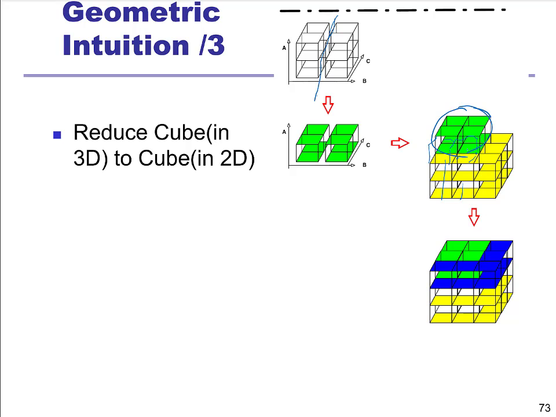I'm not sure if you can understand what I'm saying, but essentially this is not good, because if we do the slice on B and then reduce the 2D cube to 1D, we will compute these four cells at least twice.